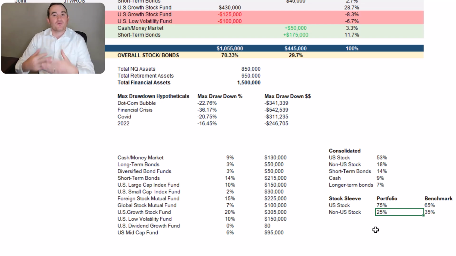Modern portfolio theory would suggest they have more in foreign stocks because the expected future return on foreign stocks is likely higher considering where valuations are. But with that being said, I don't think it's necessarily a huge deal if they have a 10% overweight to U.S. stocks and 10% underweight to foreign stocks. So this is how I'd think about it.